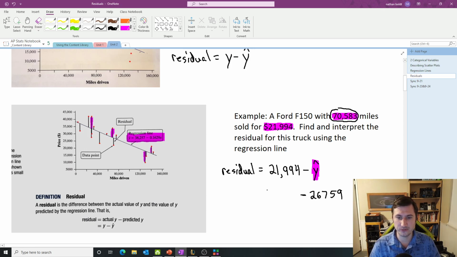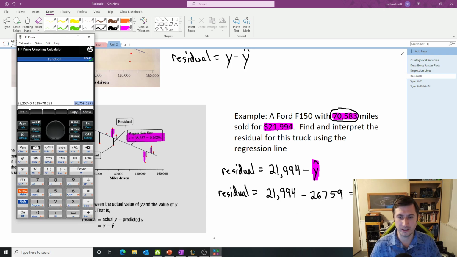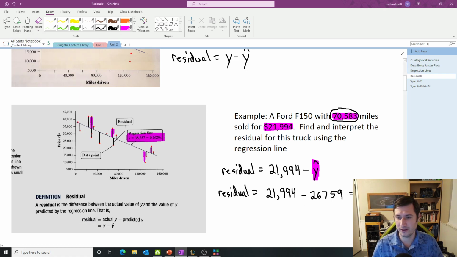Now to find the residual, we subtract that from 21,994. So we get 21,994 minus 26,759, which gives us negative 4,765. So what does that mean? Can we interpret that number?